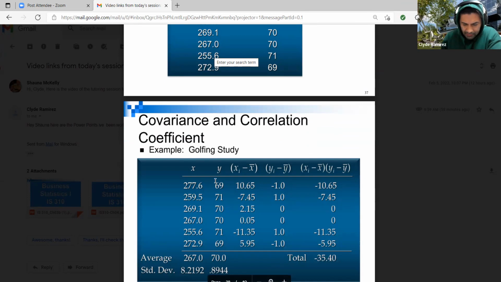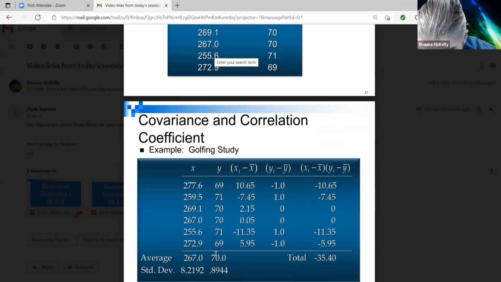Your average score on that hole is your Y. Before she starts computing either the correlation coefficient or the covariance, she finds the individual mean and the individual standard deviation of each group.